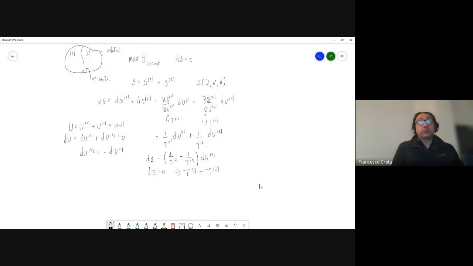So ds equals 0, the temperatures are the same, right? Now, if I perturb the system and displace it ever so slightly from the equilibrium, for example, I make T1 larger than T2, so T1 is hotter than T2.